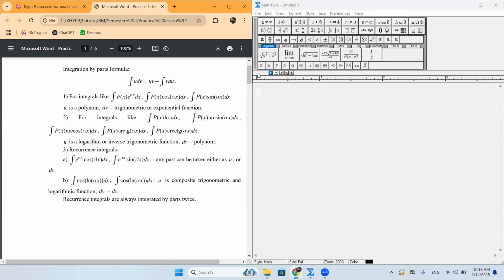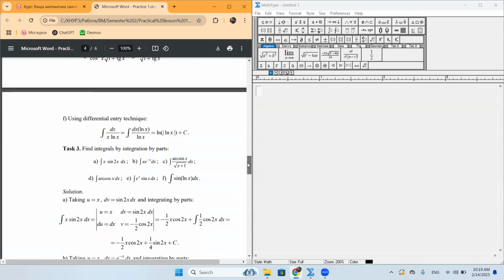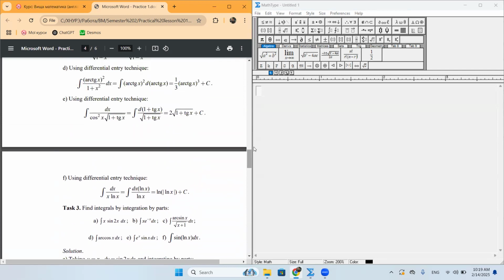And now let's have some practice, or maybe you have some questions. Okay, if no questions, they will appear during solving exercises. So let's calculate the first integral.